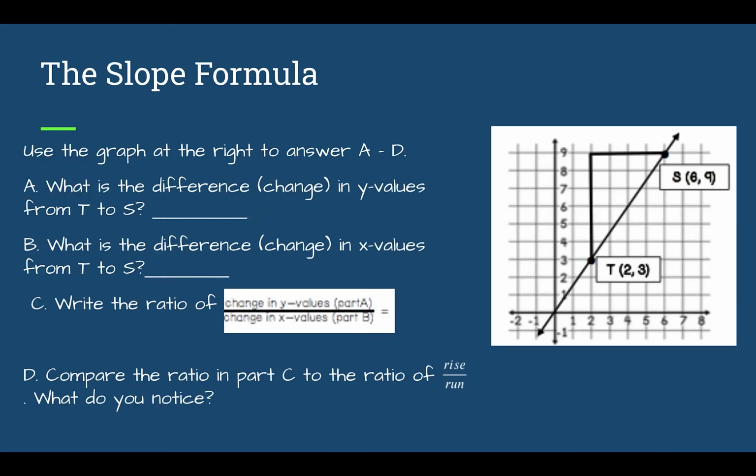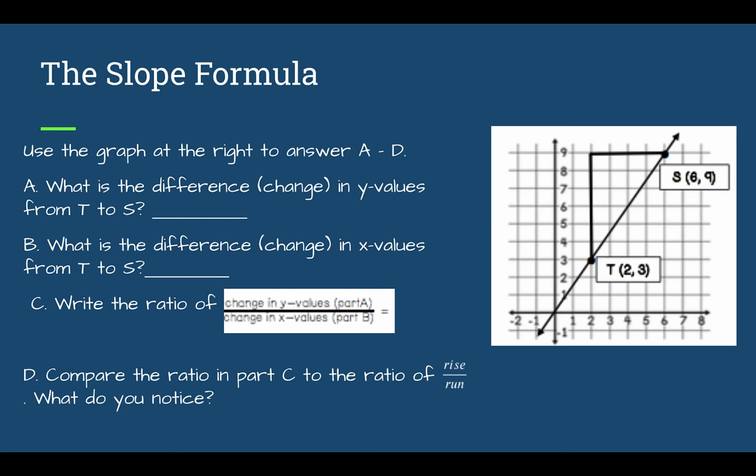Before we begin to look at figuring out equations from graphs, let's focus more on the slope. In the graph on the right here, we have point T and point S. If I wanted to figure out the slope between those 2 points, there's a couple different ways we could do it. First is the slope formula.